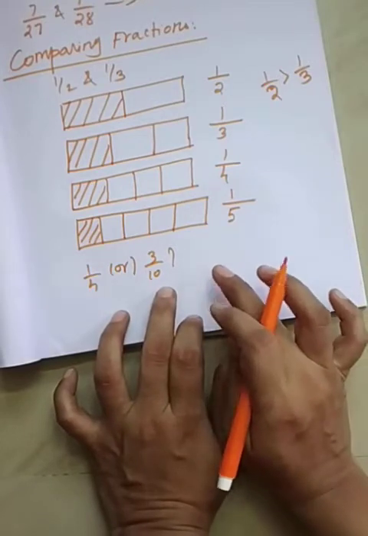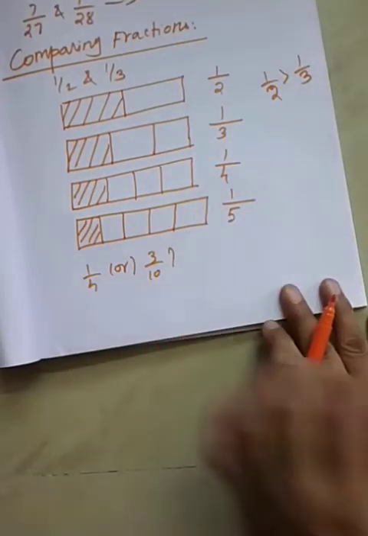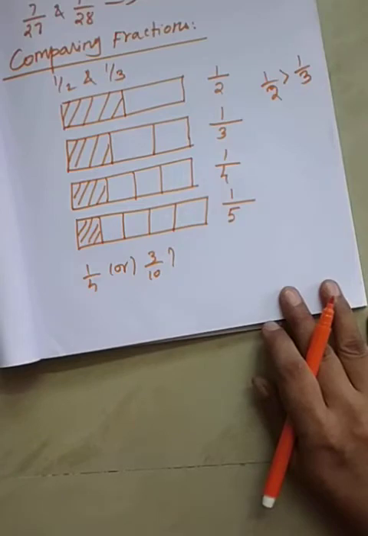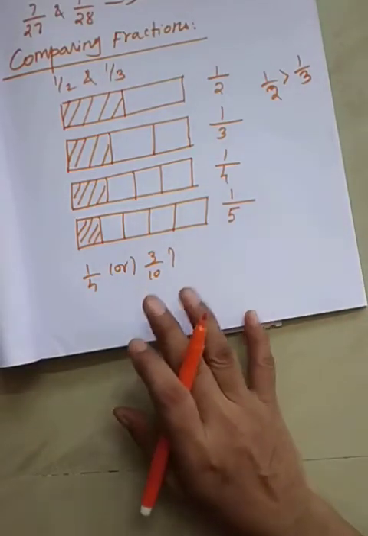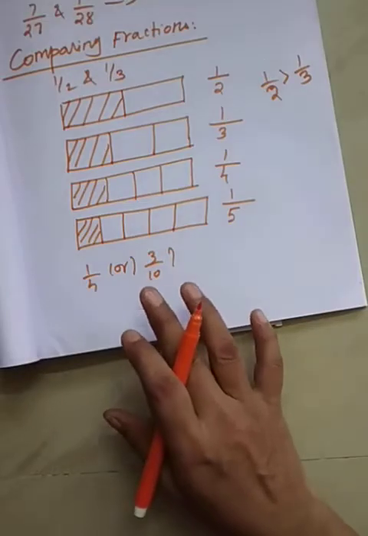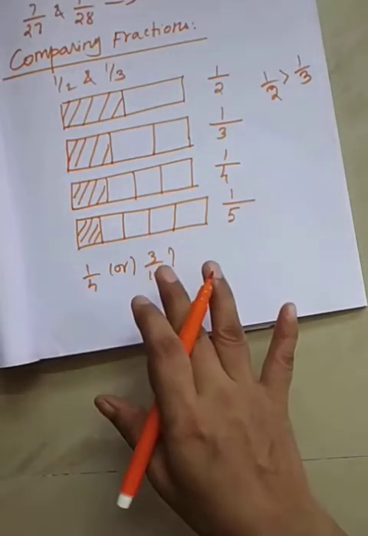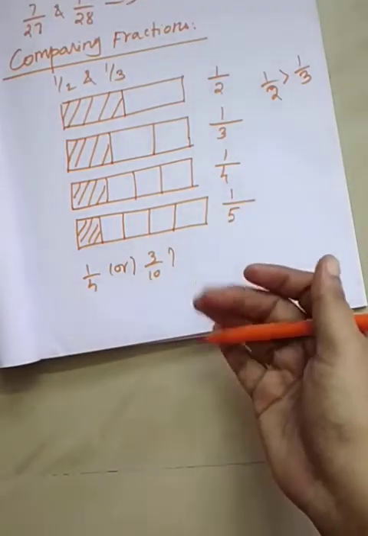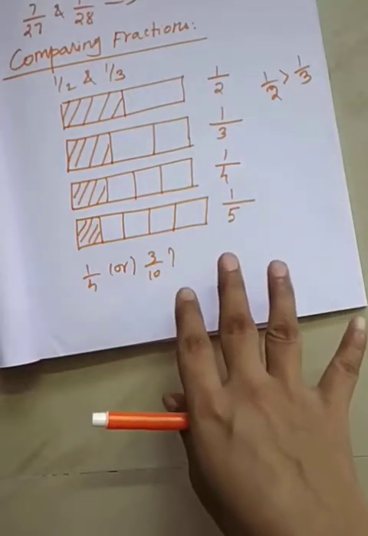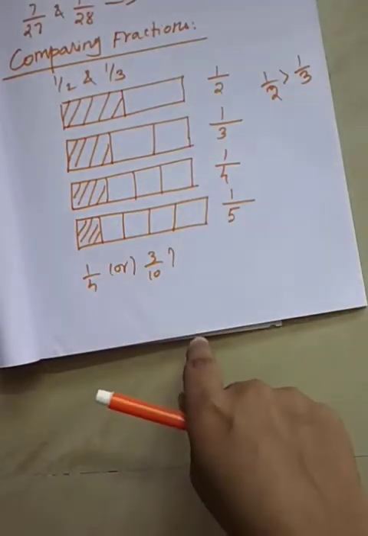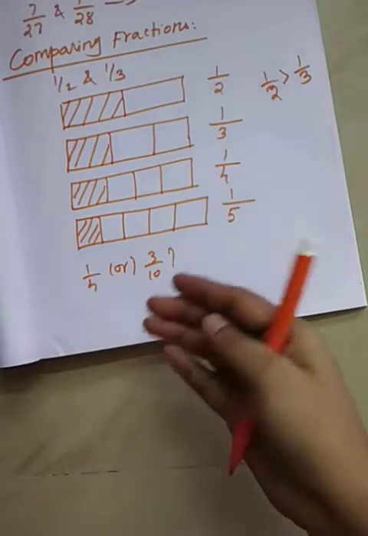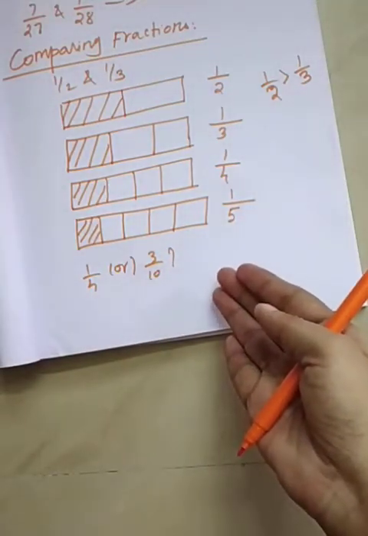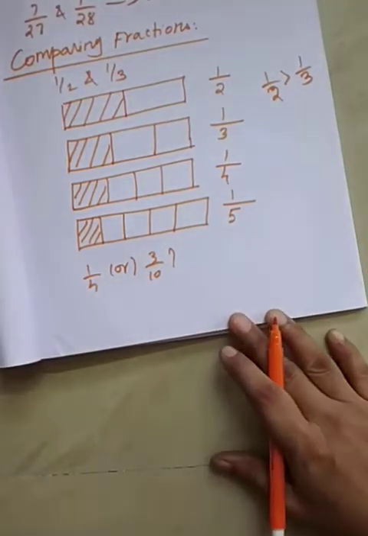For this, we may wish to show the fractions using figures. But drawing figures may not be easy, especially with a denominator like 13. Therefore, we would like to have a systematic procedure to compare fractions. It is particularly easy to compare like fractions. We do this first. Are you able to understand?